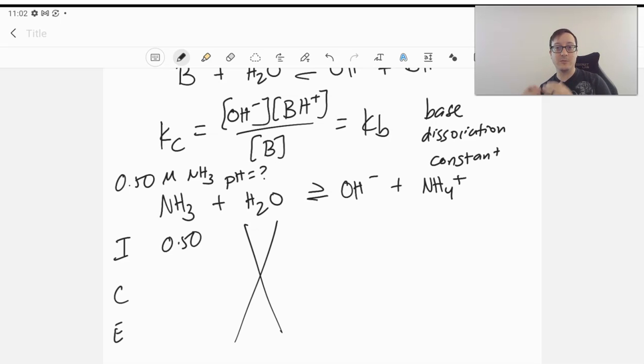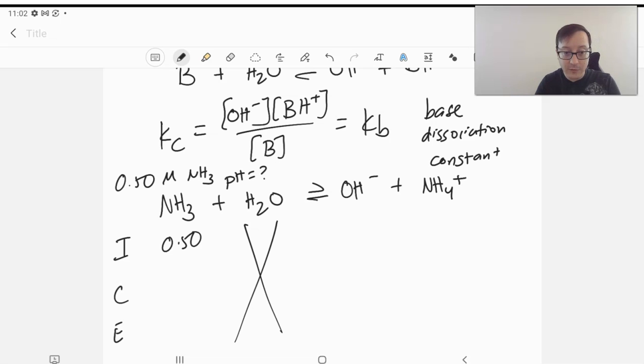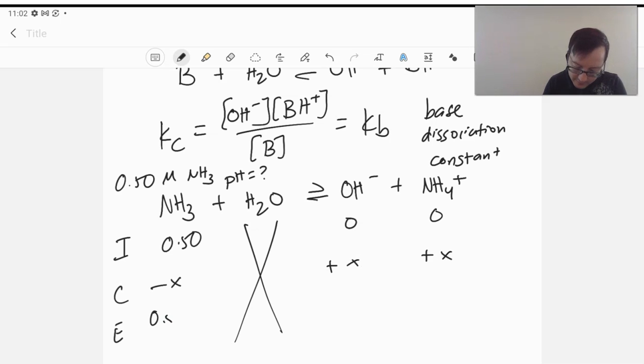And so your mole to volume ratio is always the same for water. It's 55.5, but it's always the same. So we don't have to ever include solids or liquids. All right, so if we take a look at our OH-, that's 0, and our ammonium is 0. So we will subtract x, add x, add x: 0.50 minus x, x, x.